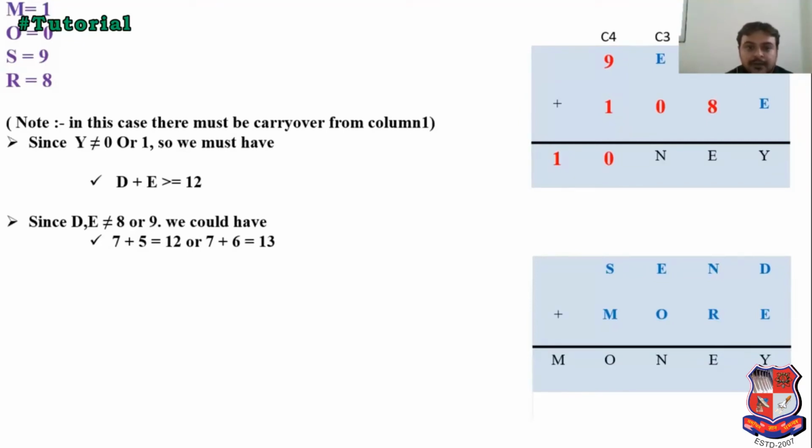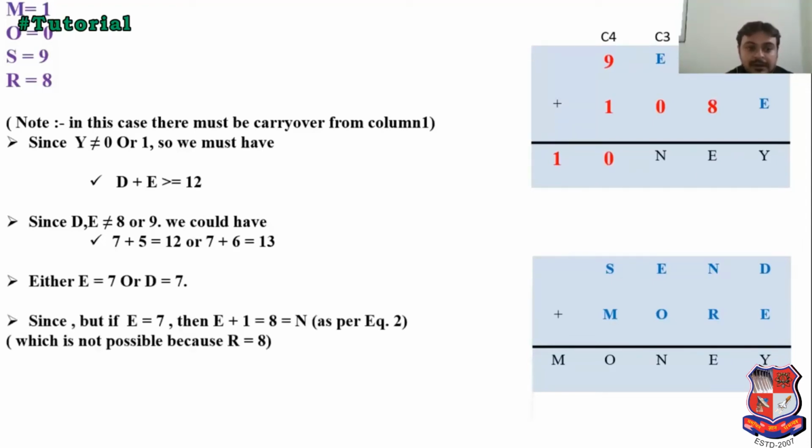Suppose we predict the values of d and e are 7, 5 or 6, and it can generate a value of y greater than 12. So suppose we predict e is equal to 7 or d is equal to 7.